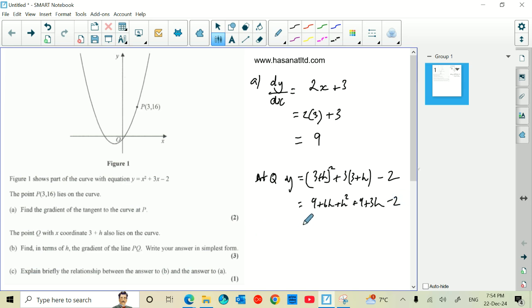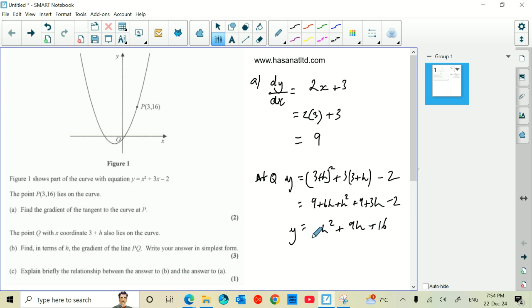And when we tidy that up, we get y equal to h squared plus 9h plus 16, because we have 18 minus 2, which gives us 16.